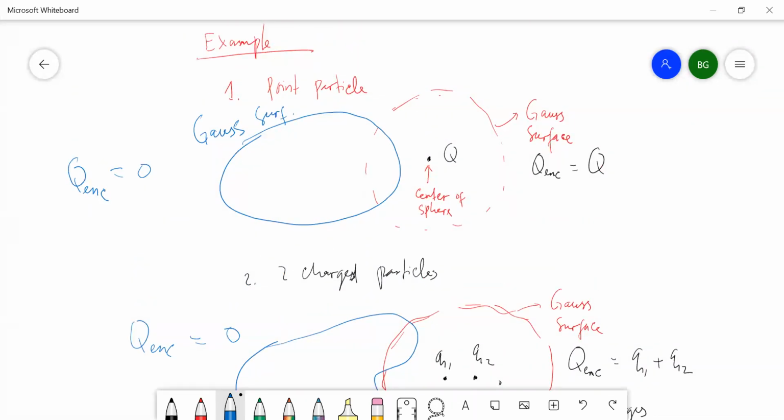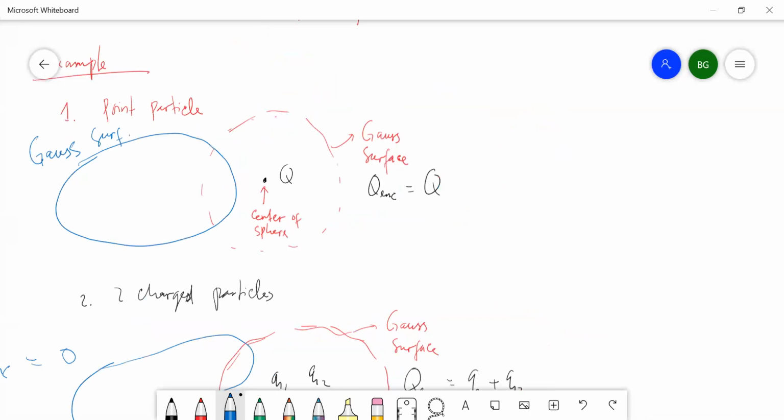So let's consider again this point particle. We consider the red one, the red Gauss surface.